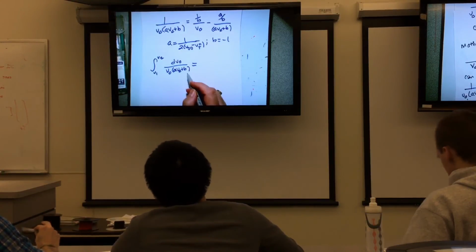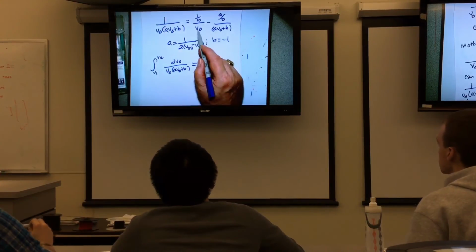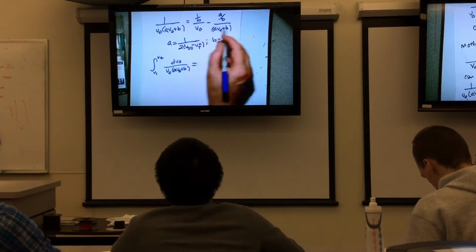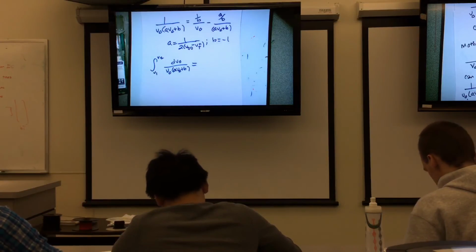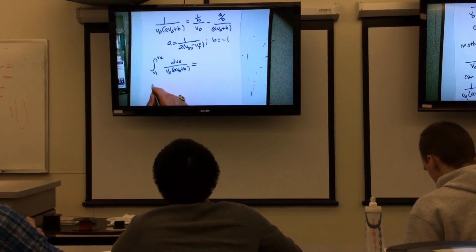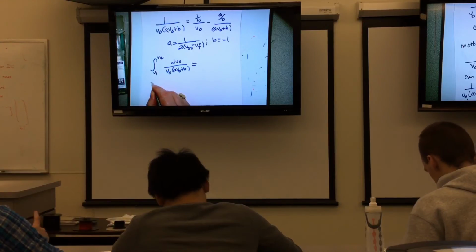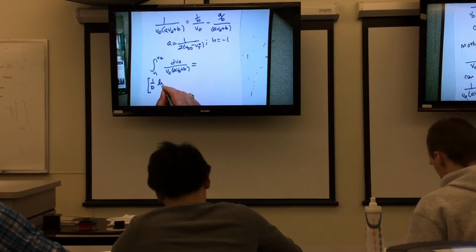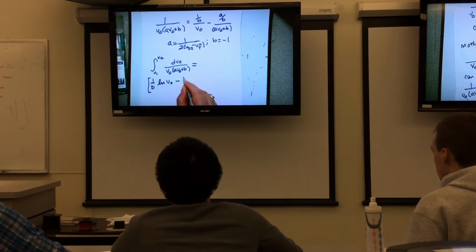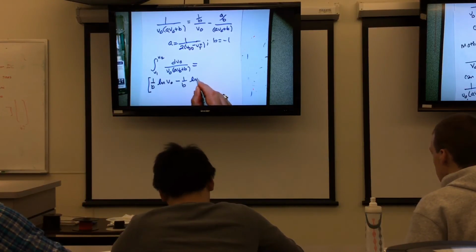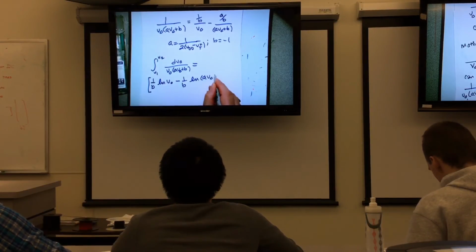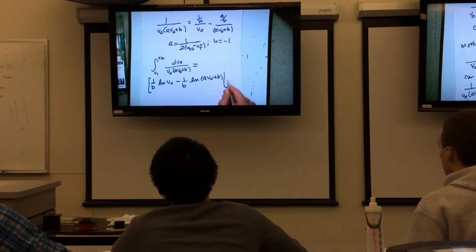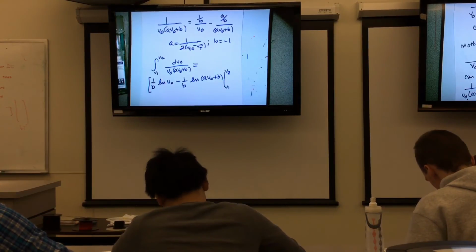But mainly, it's this term over here and this one over here. These are natural logs when we do that integral. One over V naught is a natural log. And that is 1 over B natural log of V naught, minus 1 over B natural log of A V naught plus B, evaluating from V1 to V2.